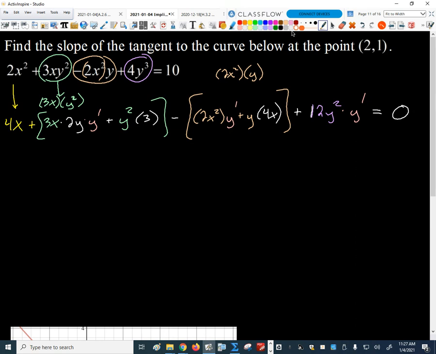Let's take the y prime terms and put all of them on the left. Well, here's a y prime term. This one's going to give me 2 times 3 is 6xy y prime. Here's another y prime term right here. That one's going to give me minus 2x squared y prime.